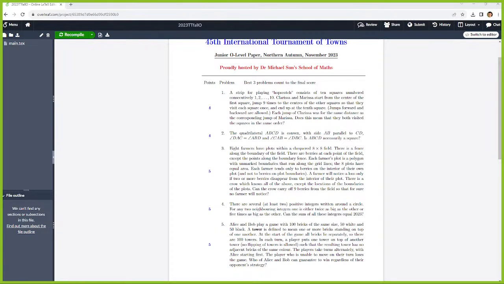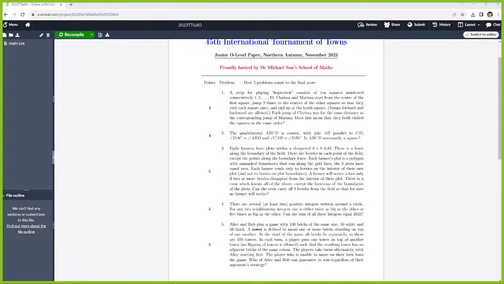Very good. So does it work? Yeah, I think so. What are the conditions you have to check? The conditions I need to check are, so I need to check if they can jump to 2 squares.